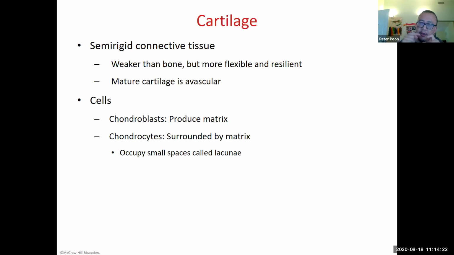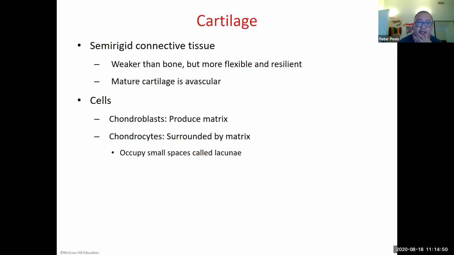The cartilage is slightly squishy. It's more flexible and resilient than bone. The purpose of cartilage is to prevent bone on bone, and so if you rub cartilage it will give way a little bit, because there's water in there, and that water will squish out a little bit, and that makes it more resilient.